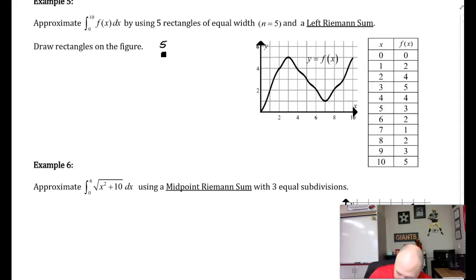If I have 5 rectangles, I'm going to have to take my width, which is from 0 to 10, so 10 minus 0, and divide that by 5. So each width is going to be 2.